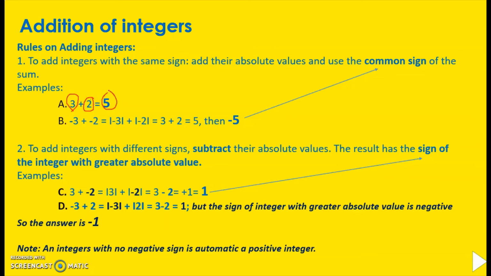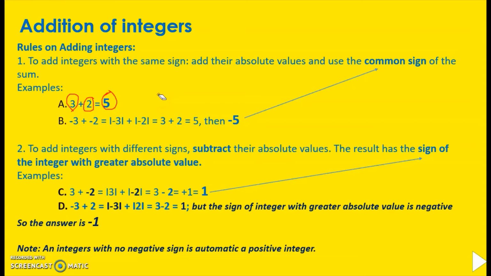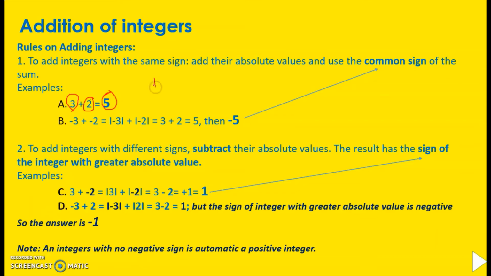It answers our first question a while ago, because in case there is an integer with no negative sign, it is automatically a positive integer. Take note that the symbol for integers is Z.